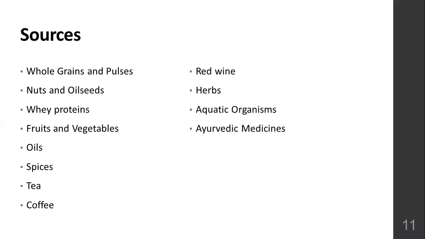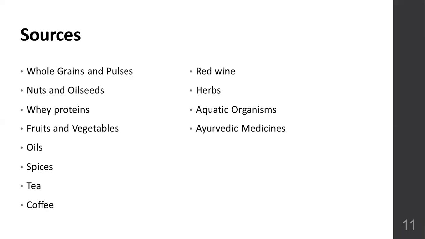Soya bean as well. They have isoflavonoids, phytoestrogens. Nuts and oil seeds, peanuts, okay, the pink skin of the peanuts, they have resveratrol. Walnut also has the highest amount of antioxidants among all the nuts and seeds.